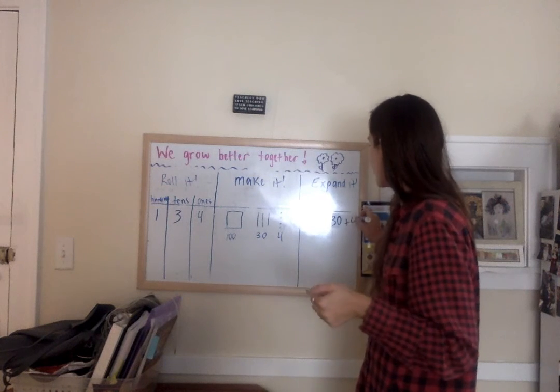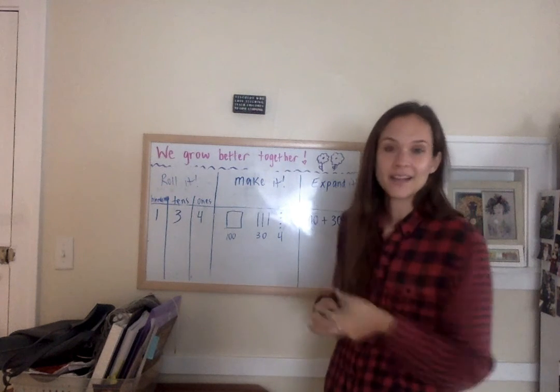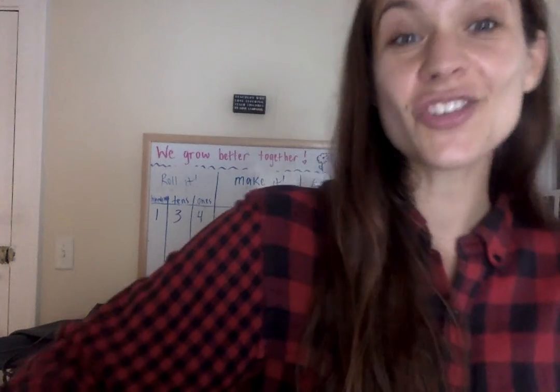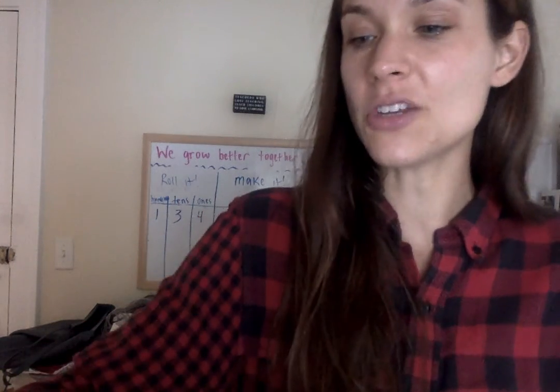All right. Now what I want you to do is try this on your own using your base 10 blocks and your dice. Then you're going to complete your work on Seesaw. When you're doing your work on Seesaw, it's actually the same thing. You're going to continue practicing the skill. So you're going to need your dice.